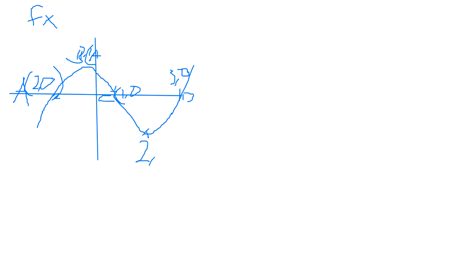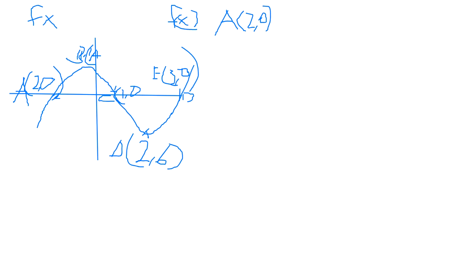So let us say this point will be D and this point will be E. So for f of x, I know that my point A is (2, 0). My point B is (1, 4).